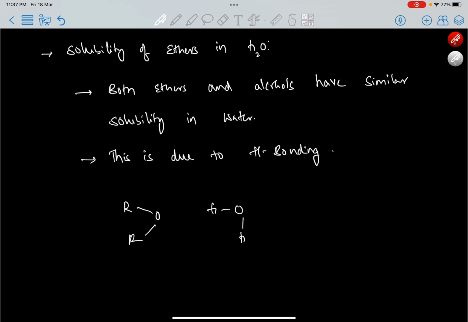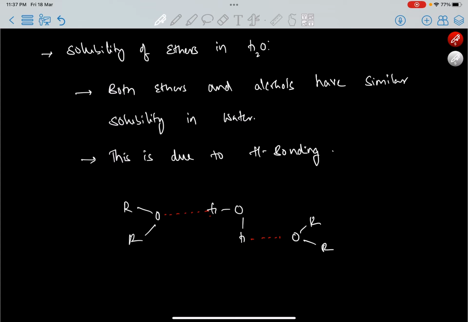Now there can be hydrogen bonding between this oxygen and this hydrogen, isn't it? Same goes here also. So when we add water to the ether, because there are hydrogens on the water molecule, hydrogen bonding is possible. As a result, the solubility of ether in water is comparable to the solubility of alcohol.